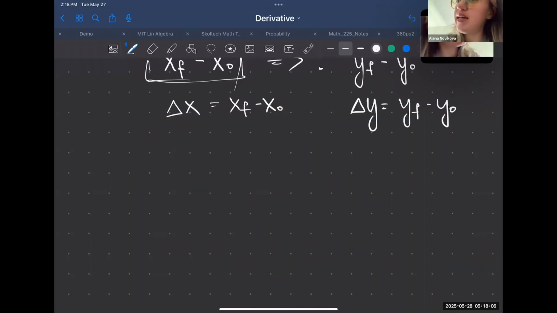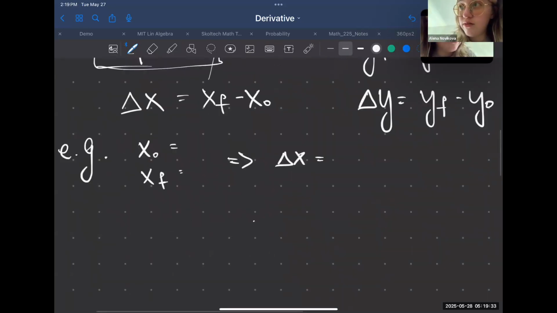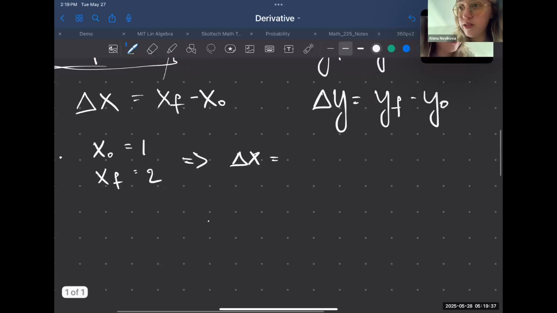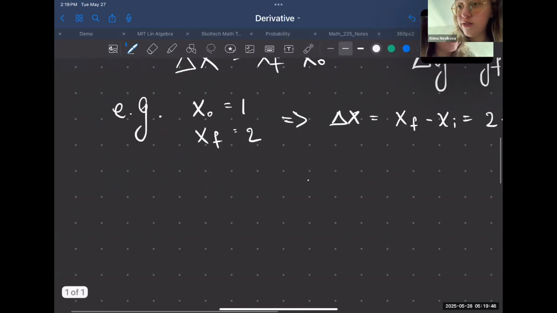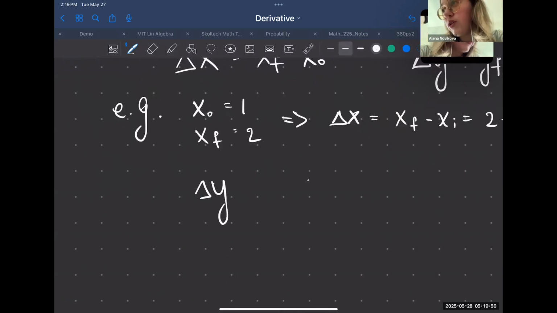So now when I said that we have a unit change in x, right? Let's say x initial is 1, x final is 2. So delta x, final minus initial, is 2 minus 1 equals 1. So we have a unit change in x. Now, how is that going to affect y? We know that y is a dependent variable, and delta y is y final minus y initial.